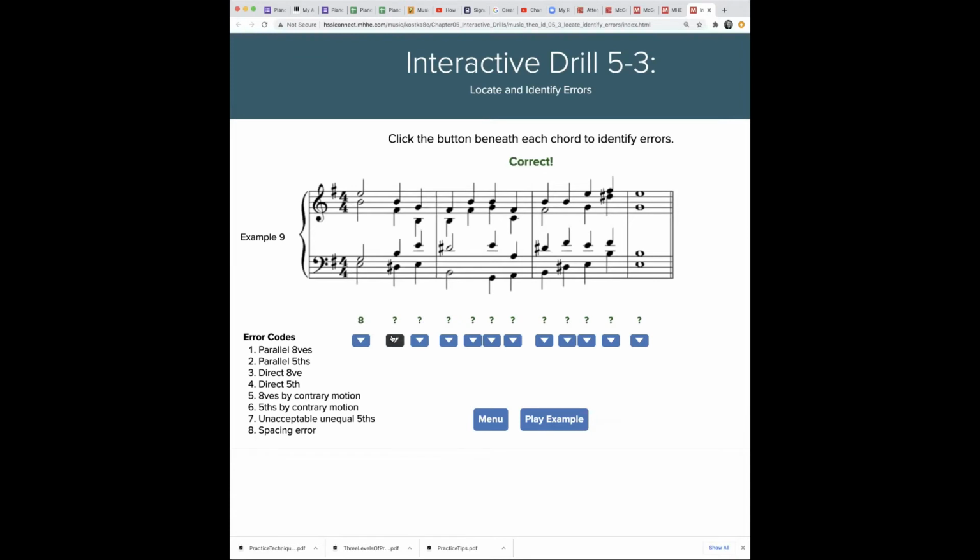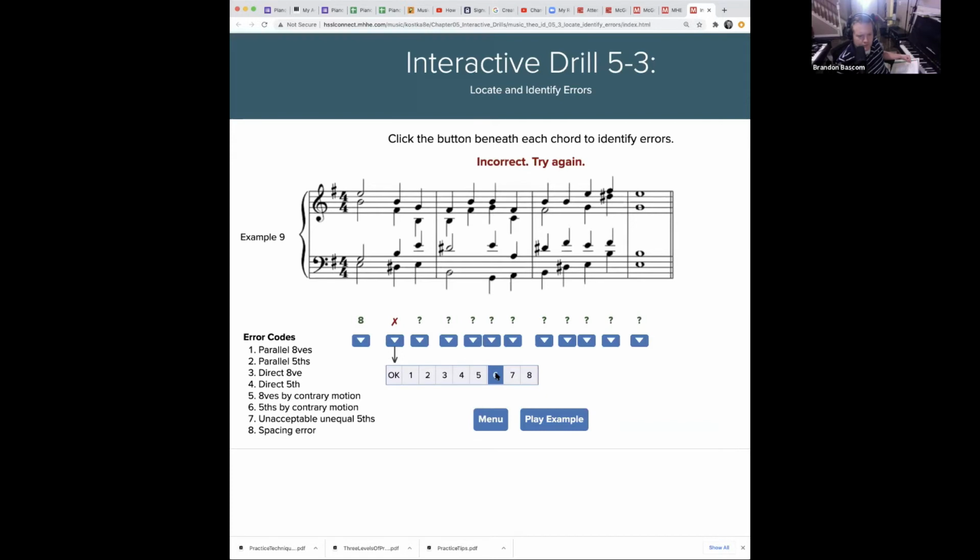And then for this next one involves those two chords there. So what are we saying? Contrary motion fifths. We're saying contrary fifths. Do we want that there or here? They don't want it anywhere.